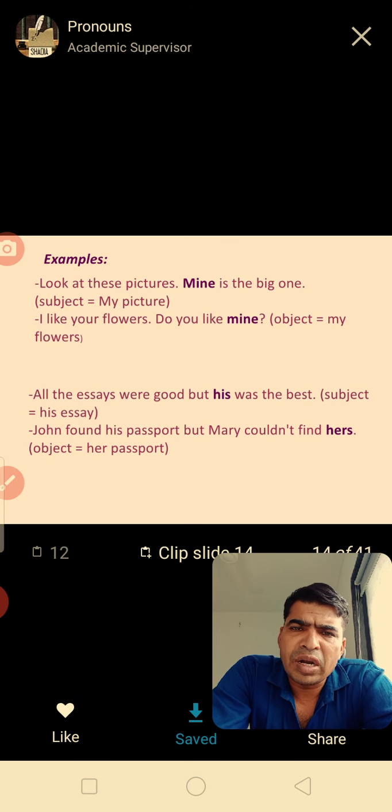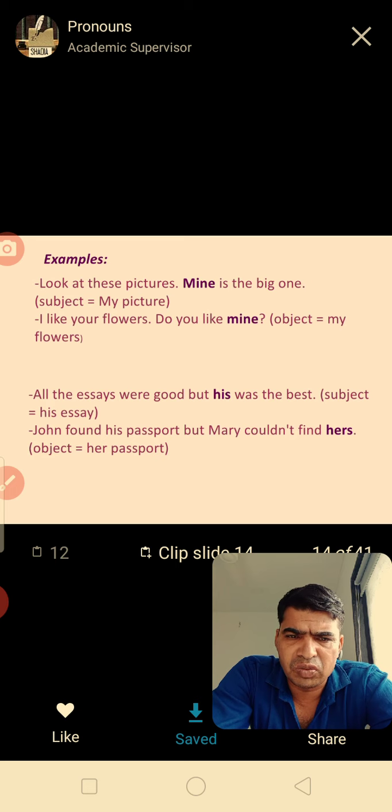Examples: Look at these pictures. Mine is the big one. Subject, my picture. I like your flowers. Do you like mine? Object, my flowers. All the essays were good, but his was the best. Subject, his essay. John found his passport, but Mary couldn't find hers.